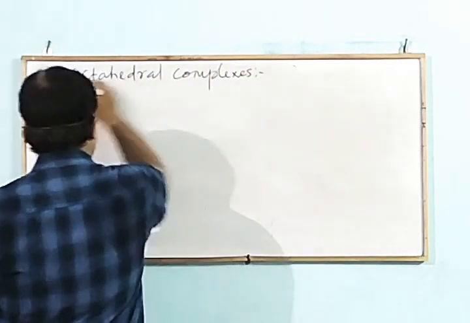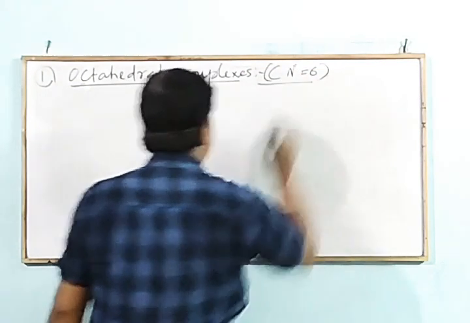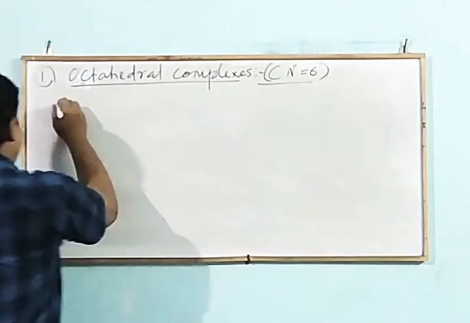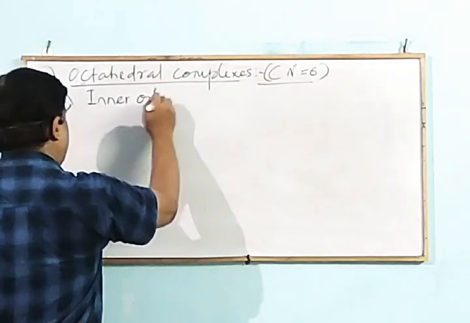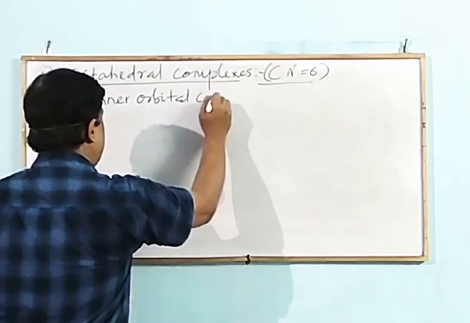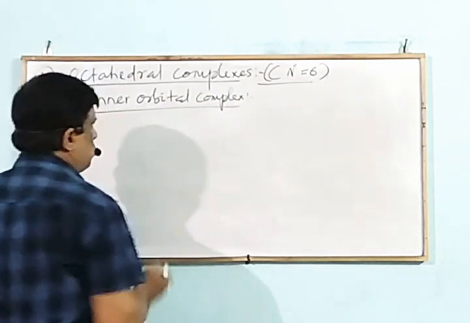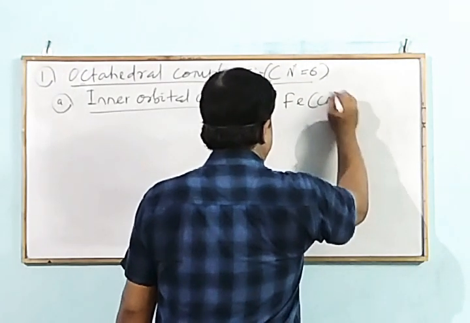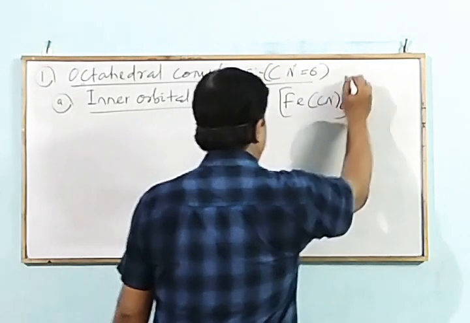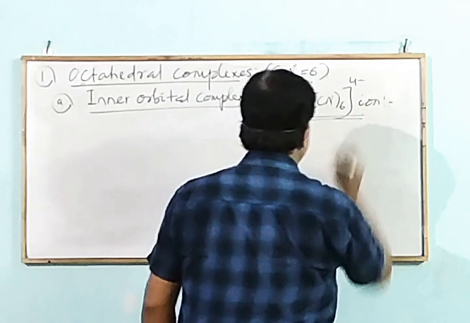Octahedral complexes means coordination number is equal to 6. It has two subheadings. Subheading A, that is inner orbital complex. We choose one suitable example: [Fe(CN)6]4- complex ion. Let us discuss this one.